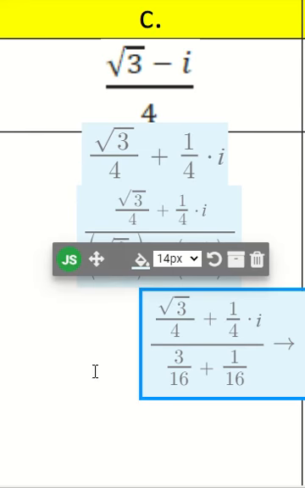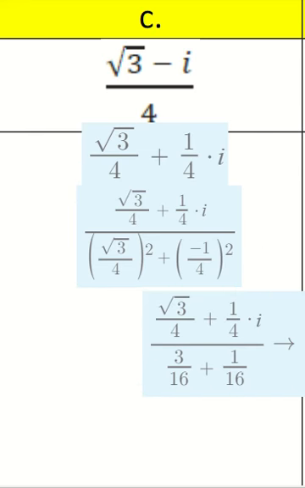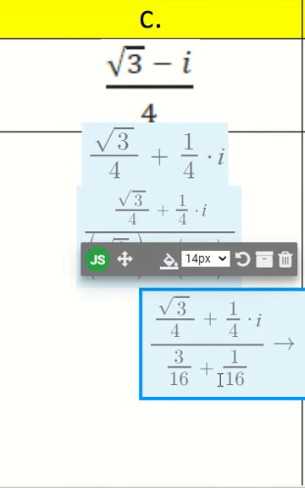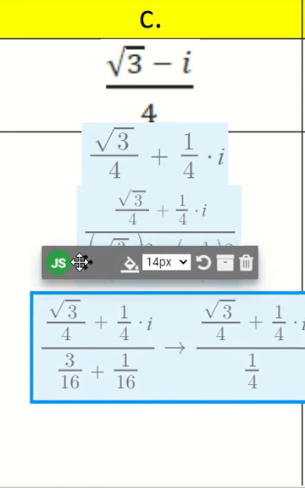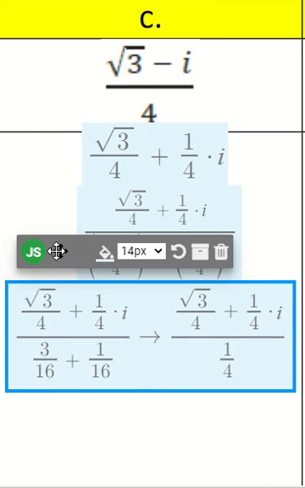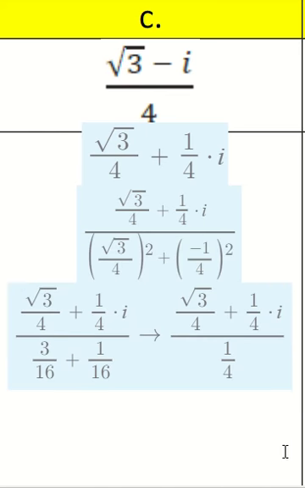But where I thought people might make the mistake is when you square a radical 3, you actually just end up with a 3. So a squared becomes 3 over 16. Negative 1/4 squared becomes positive, because a negative times a negative is a positive, 1 over 16. So when we combine those together, we get 4 over 16, which will simplify to 1 over 4.